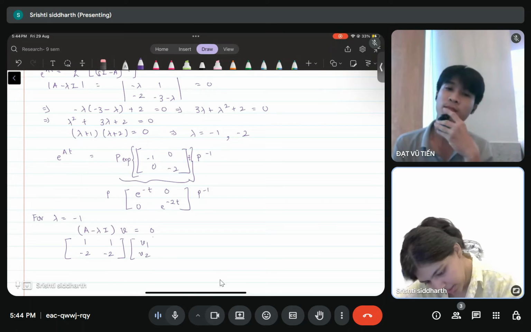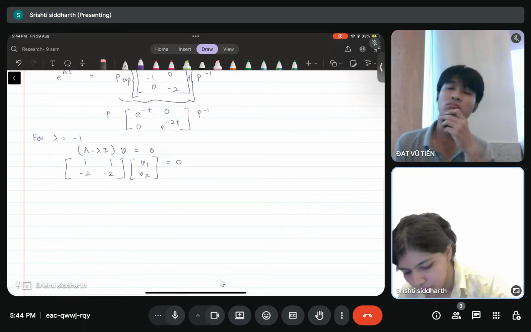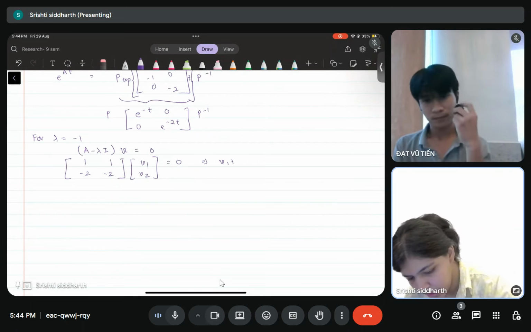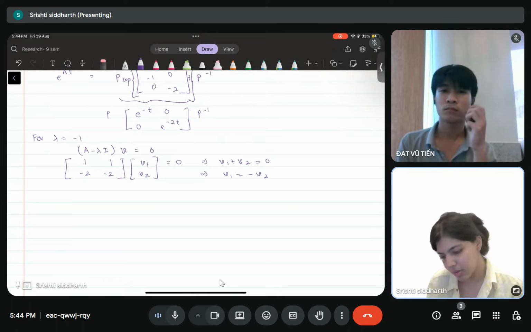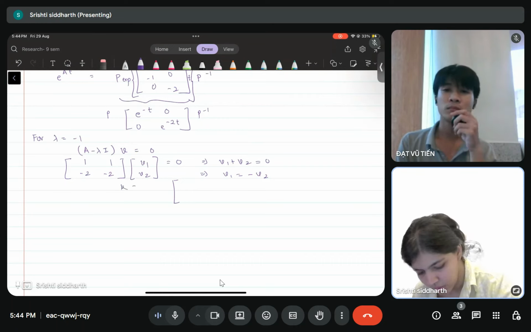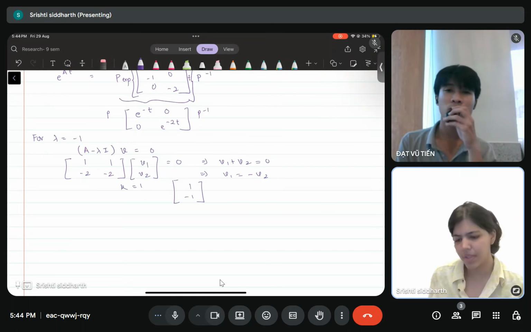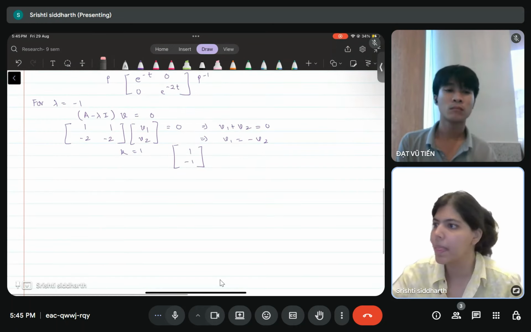You can observe that this would give the same equations. It's just a scalar multiplication. So this implies that v1 plus v2 equals 0, which is v1 equals minus v2. So the eigenvector associated with minus 1 is, let's say, for some constant k equals 1, this is 1 and minus 1.